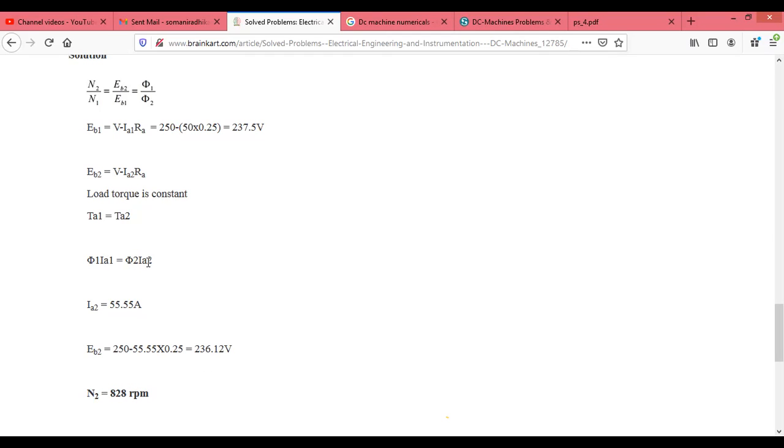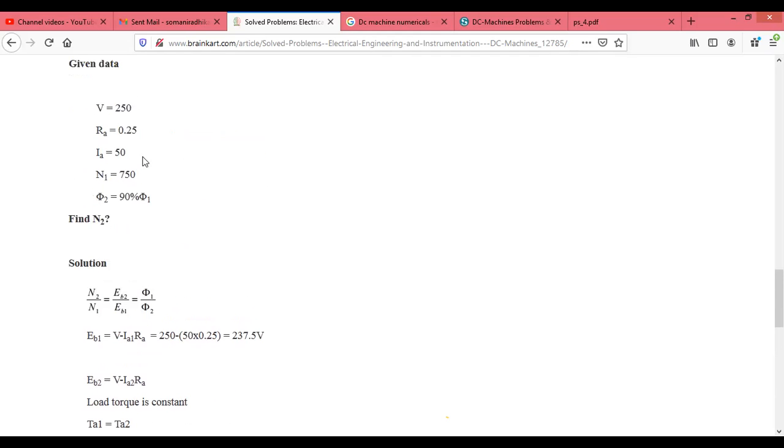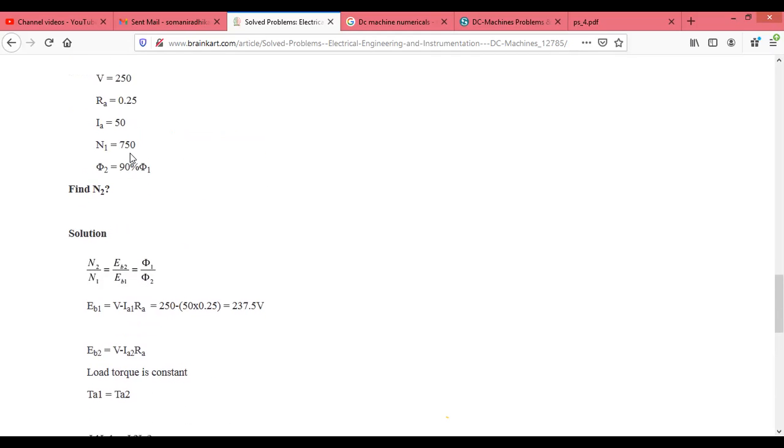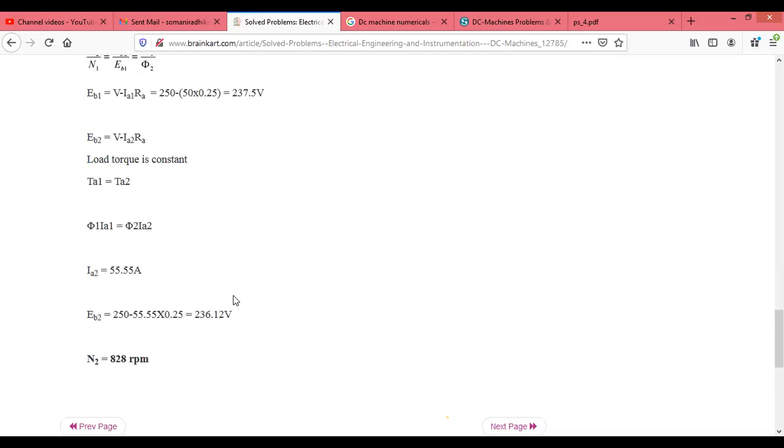We are supposed to solve for IA2. IA2 into 0.9 equal to the IA1 value they gave, armature current first, 50. If you put it, you will get the value IA2 as 55.55 ampere. Now we can put that value in the EB2 and you will get the value.